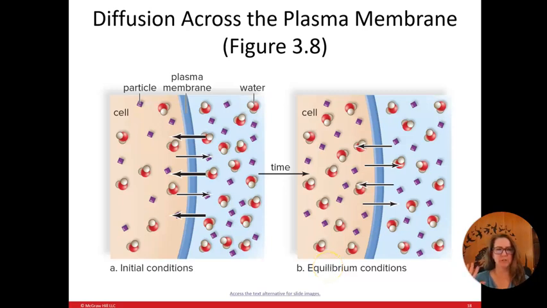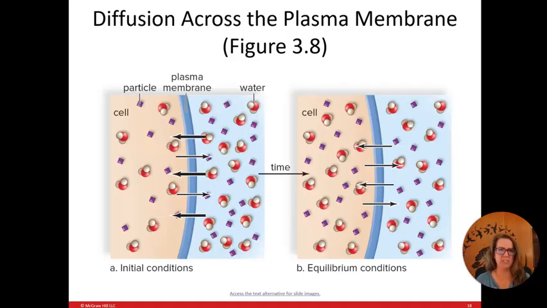Welcome to part 2 of chapter 3 video. So, back to looking at diffusion. If you take a look at the figure on the left, and you wanted to count them up, there are a whole lot more of what I'm going to call scent molecules. It's actually just water on the right-hand side of that plasma membrane compared to the number of water molecules inside the membrane.